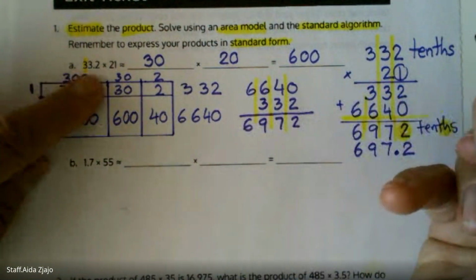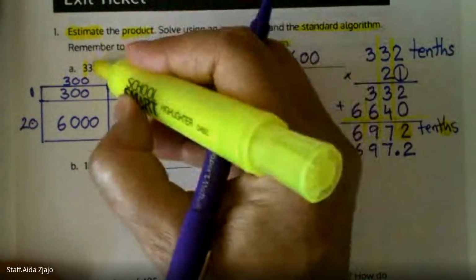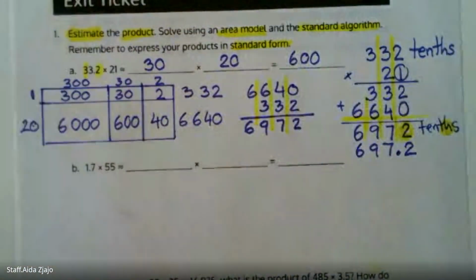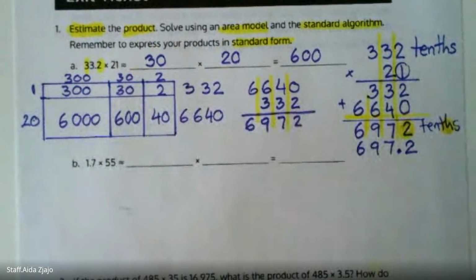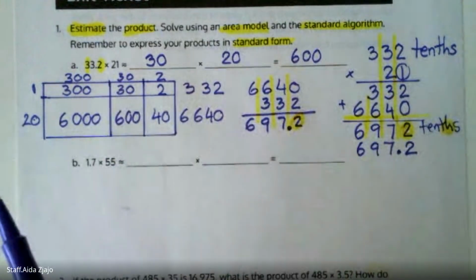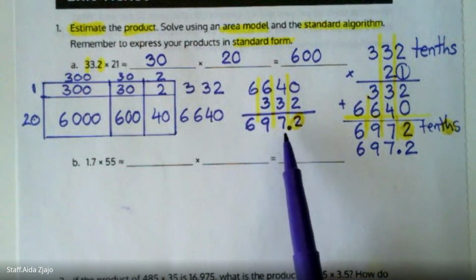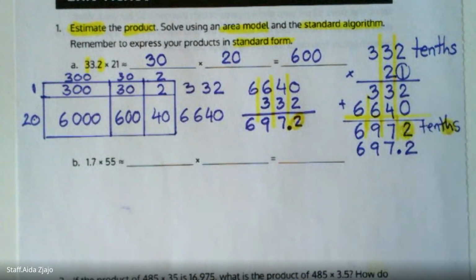But because we had tenths in our problem, our answer should also show the tenths, because the other factor did not have a decimal place. So the answer is 697 and 2/10.